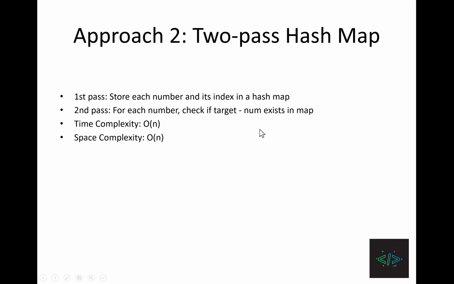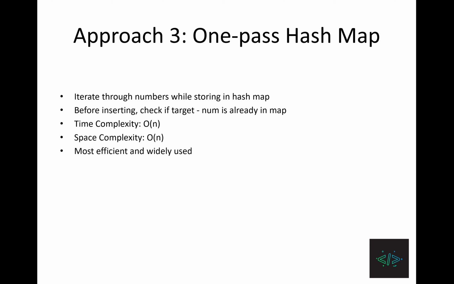We can optimize it further by using a hash map in only one pass. In the one pass hash map, while traveling the array, we maintain a hash map, and check whether target minus the given number exists in the hash map.